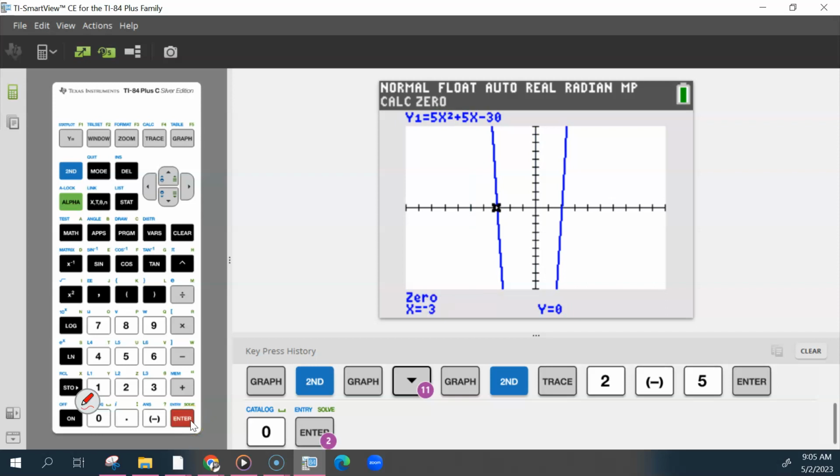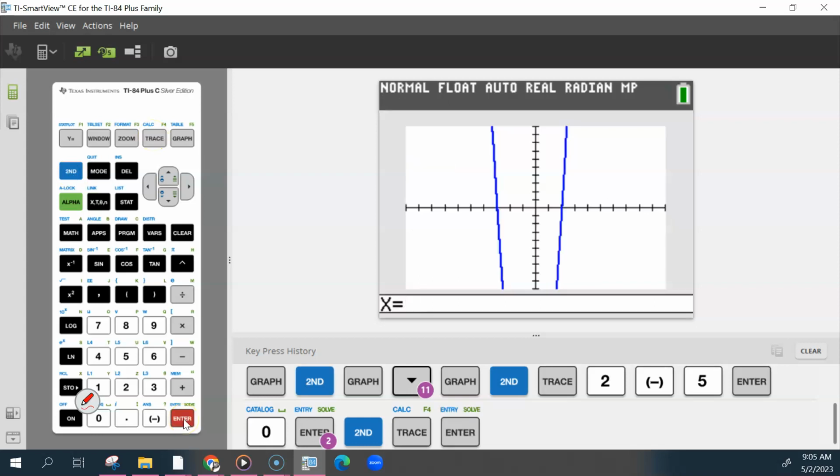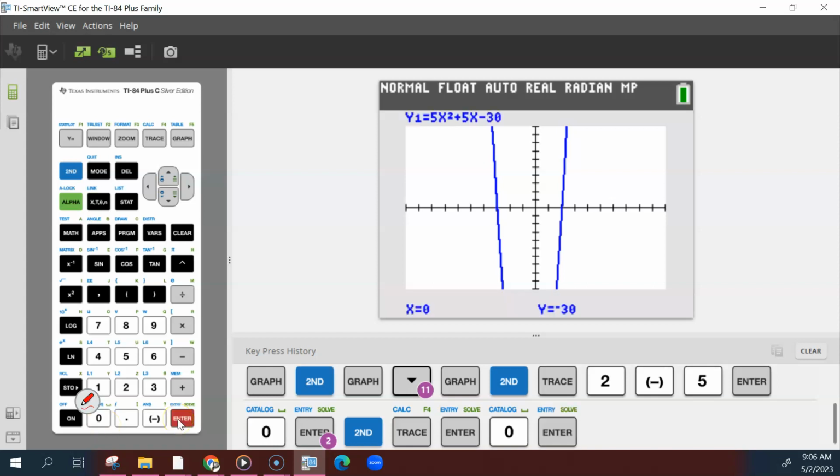For your y-intercept, second trace, and go into value. If we're looking for a y-intercept, what is your x value? 0. So I put in 0 and hit enter, and it would tell me what the y value is, -30.